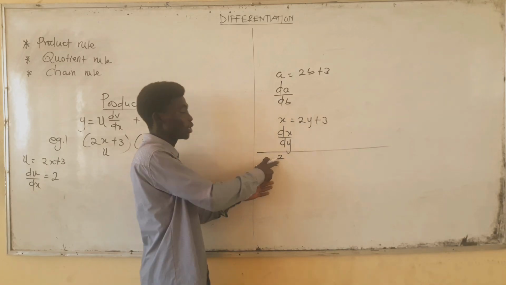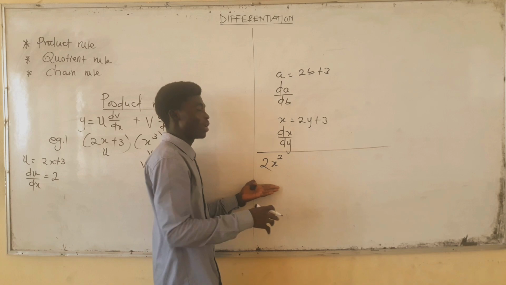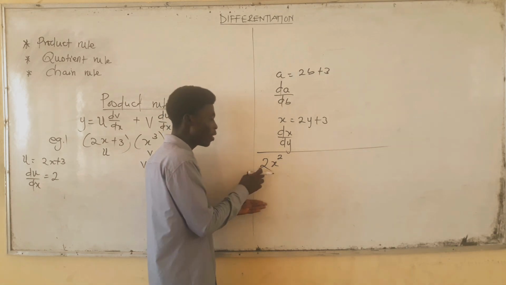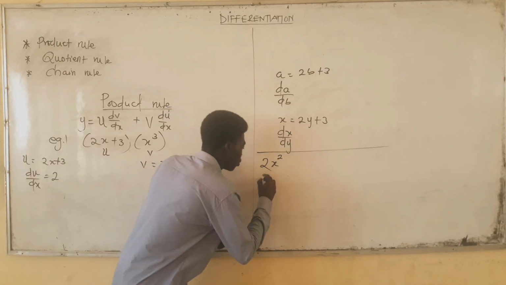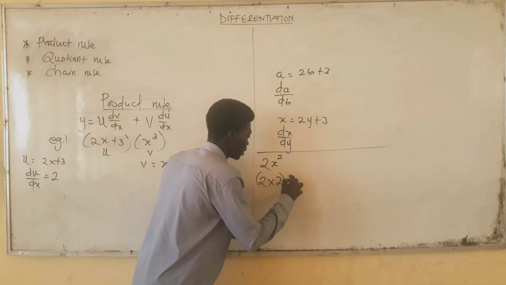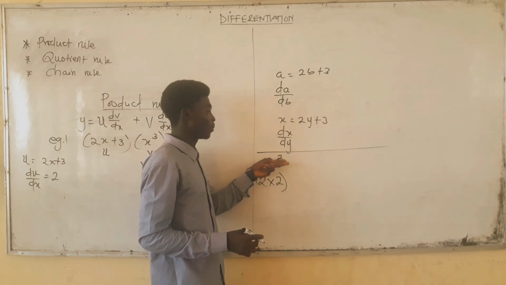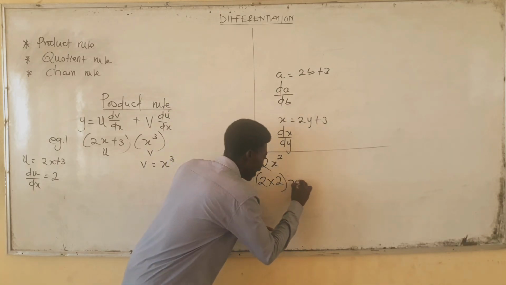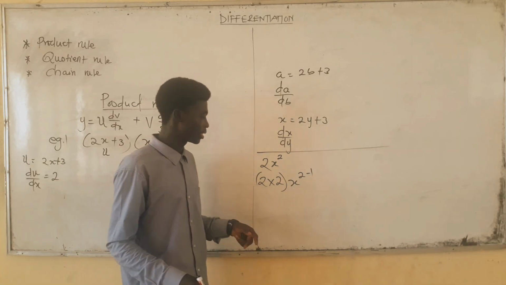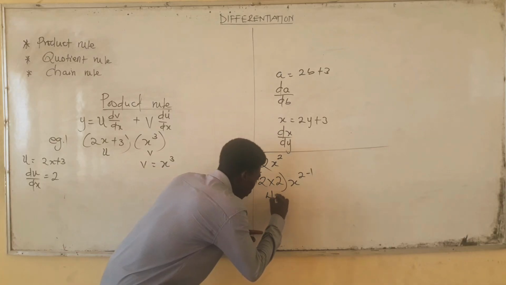So we have an exponent of 2 here. The power rule is saying that you multiply this exponent by the coefficient of x. So when you multiply 2 by the coefficient of x, you subtract 1 from the exponent. So we have x to the power of 2 minus 1. This is how the power rule works. So we are getting 4x.